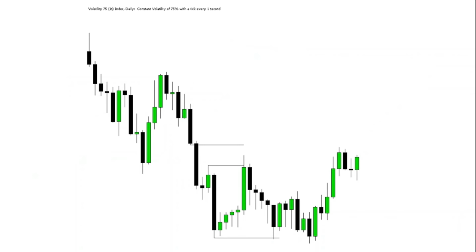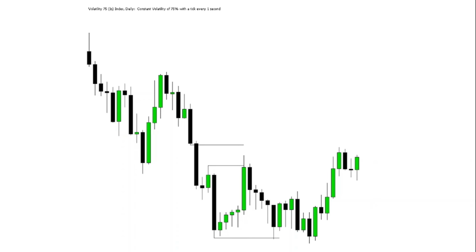So that's about it for Volatility 75, and not really all of them, but some of the trades that I took.